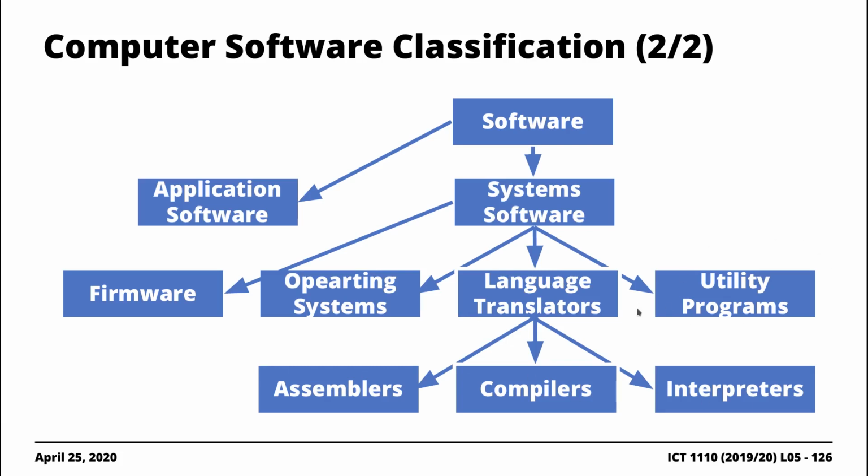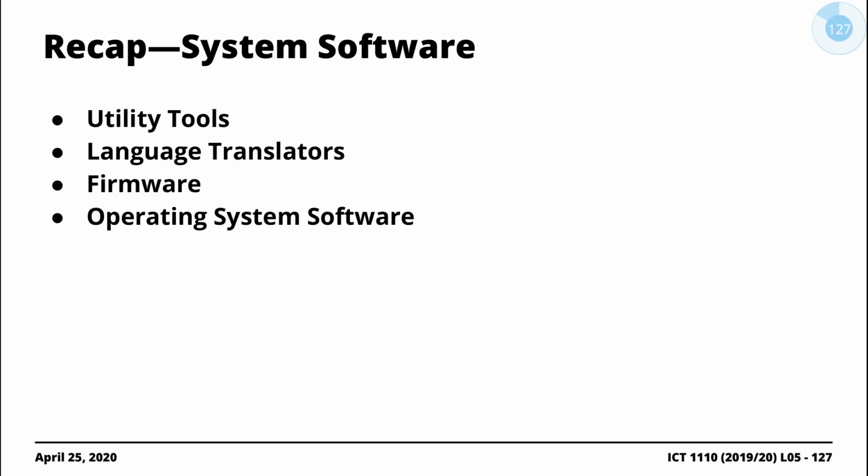We discovered that utility programs are associated with analysis, management, configuration, right? So we can further subcategorize utility programs based on those different functionalities. All right, so just to recap on system software here, we had a really lengthy discussion on these 4 broad categories of system software.